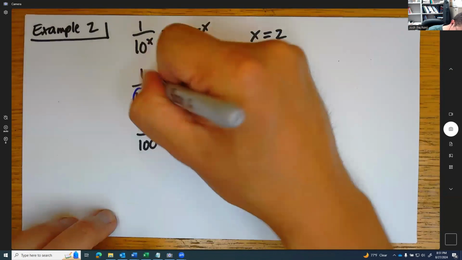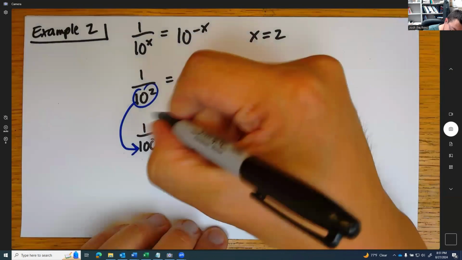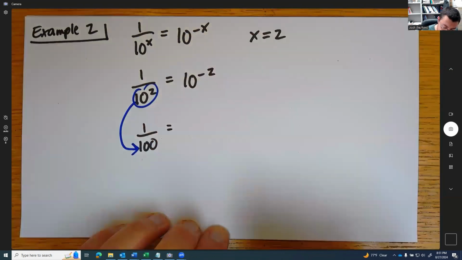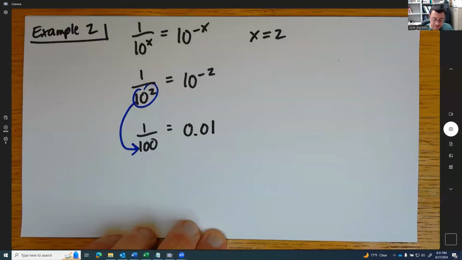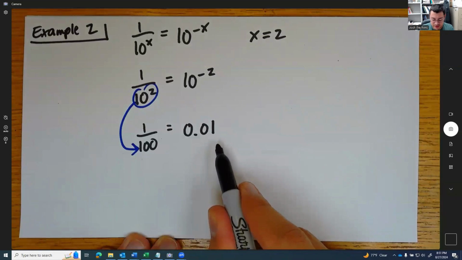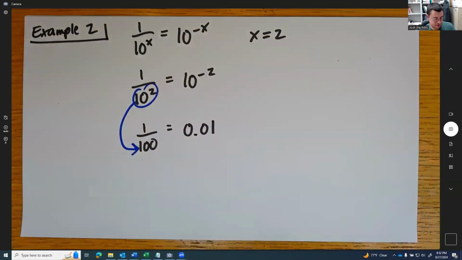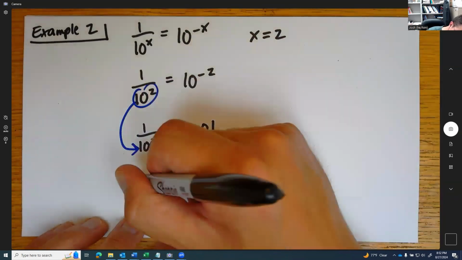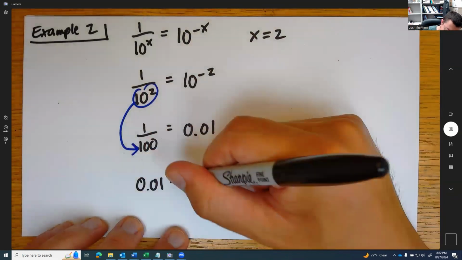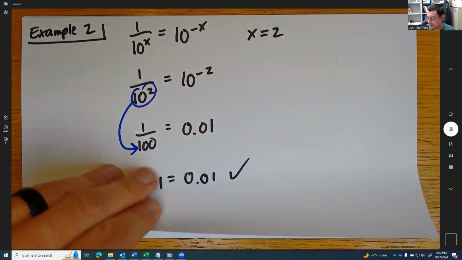I'll try to color code this time. And 10 to the negative 2 power is 0.01. Now we know 0.01 is 1/100th, and 1 divided by 100 is also another way of saying 1/100th. So 1 divided by 100 is 0.01. We're good there.